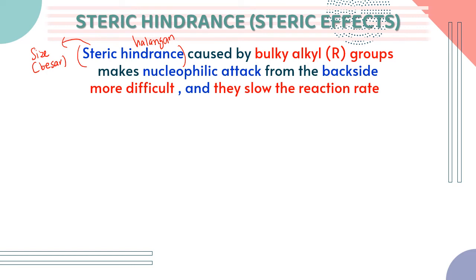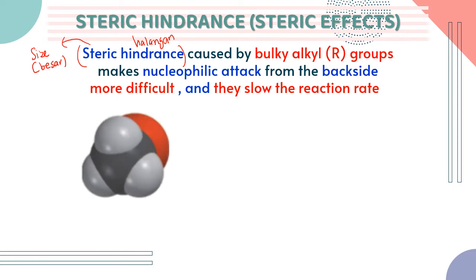Okay, so for example dekat sini, kalau saya lukis dia punya structure in 3D structure, molecular formula dia, katakan kat sini Cl, so CH3, CH3, CH3, even though it has 3 alkyl group, tapi dia masih lagi boleh undergo SN2 mechanism, nucleophile.